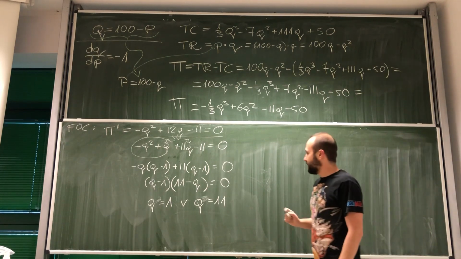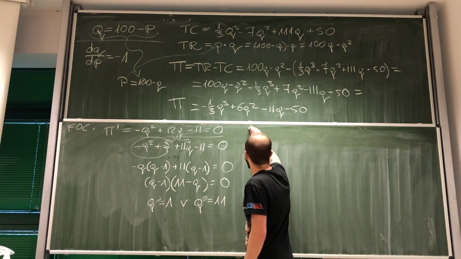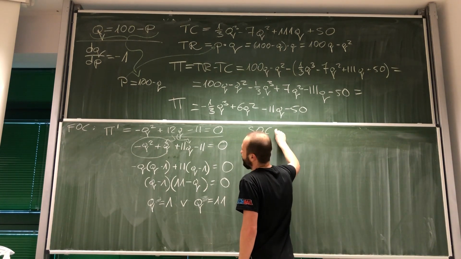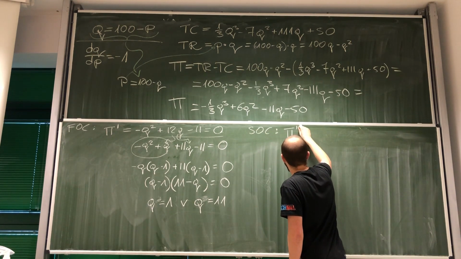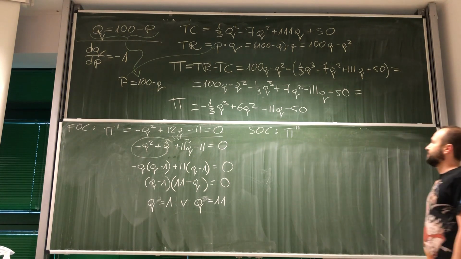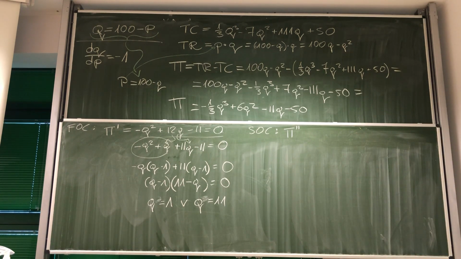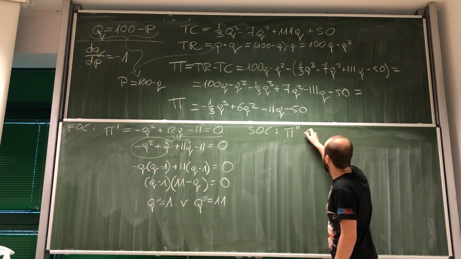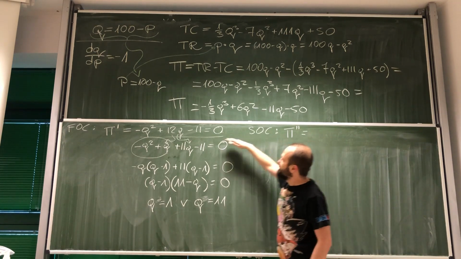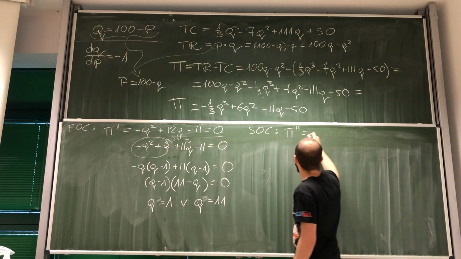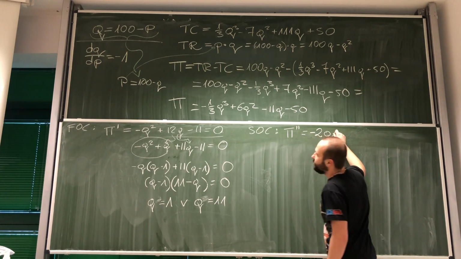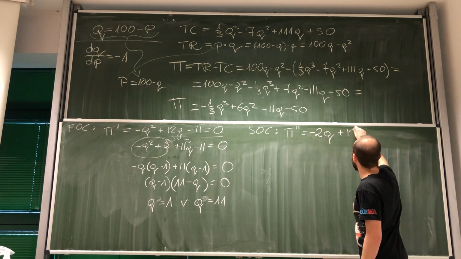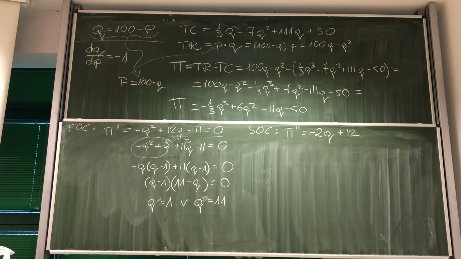Okay, in this case, we of course need to resort to the second order condition. So we calculate the second derivative of the profit function, and what do I get out of this? I'm differentiating that, and I'm getting that this is minus 2q plus 12.